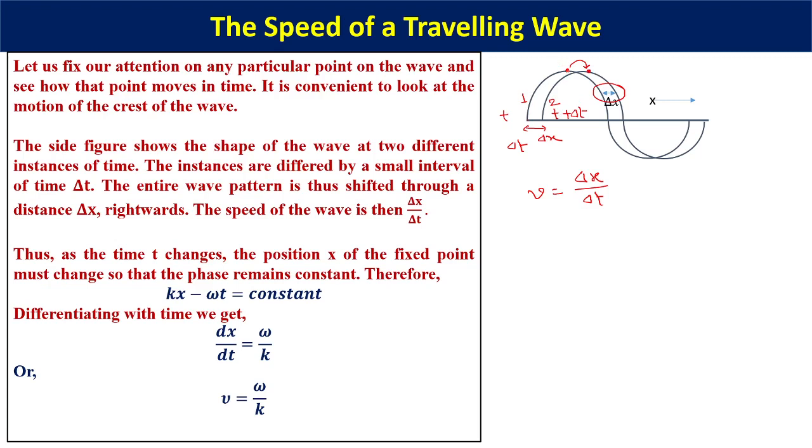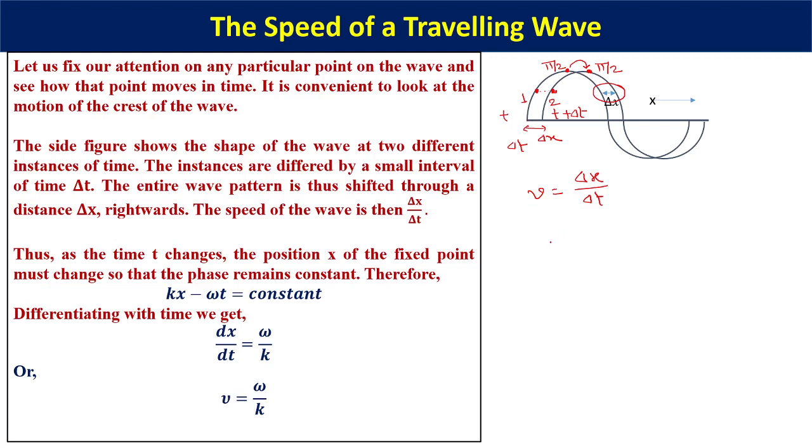Let's consider the phase of this particular point to be pi by 2. Then whenever the wave is shifted through a distance of delta x, this particular point has the same phase pi by 2. And this is true for any other point. If you talk about this particular point, this also has the same phase when it reaches a distance delta x.